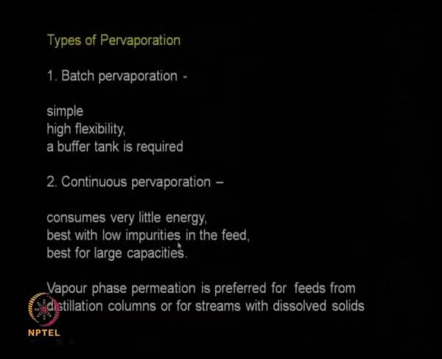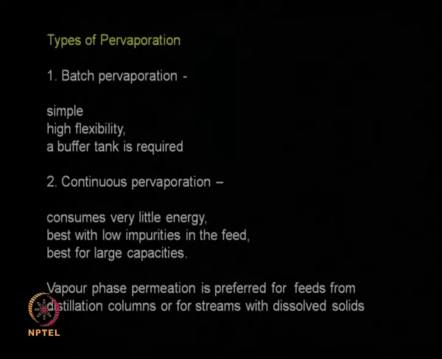It is very good for low impurities in the feed. So I want to remove only a small amount of impurity and I have a large quantity of this stream. So in that case it is very good. So it is best for large capacity. So a large quantity of a stream needs to be processed and it has got very little amount of impurity which needs to be removed using this concept.